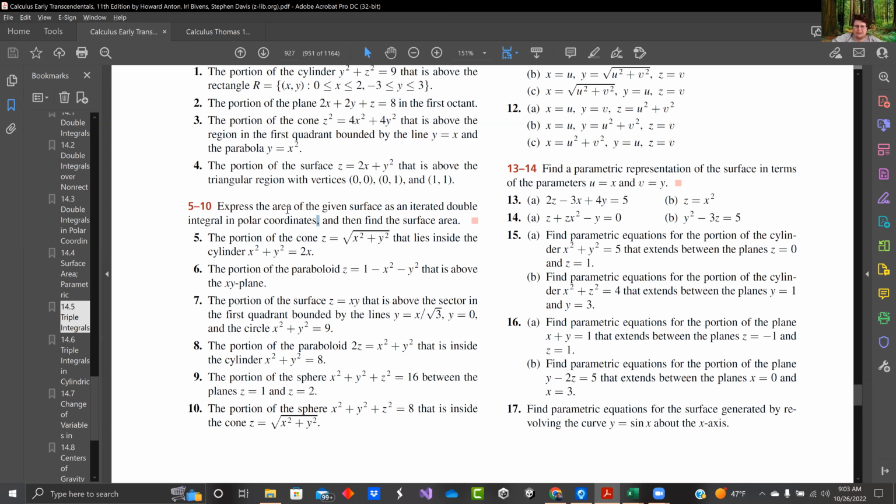It says express the area of the given surface as an iterated double integral in polar coordinates. I think they goofed us all.